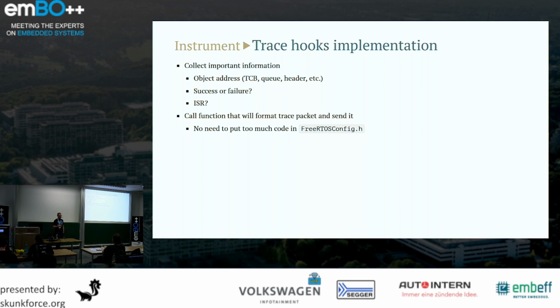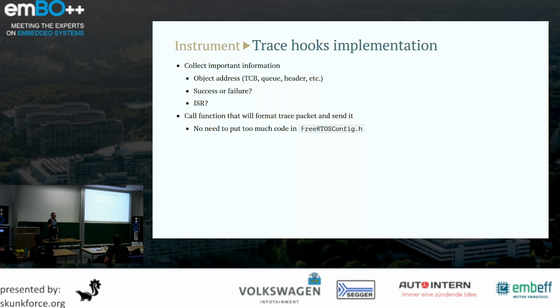FreeRTOS has a different API to call from interrupts, so we would like to see in each trace event whether the function that was called was the ISR version or not. As these macros should be put into the FreeRTOS config file, we don't want to make it too big, and putting too much code in macros is not a good way to work with it.